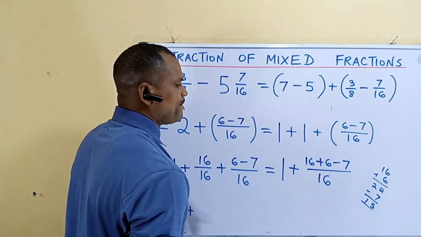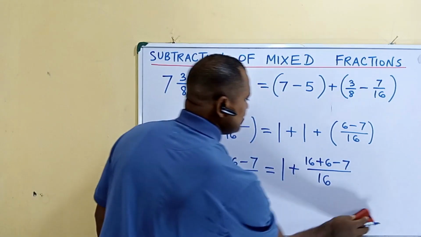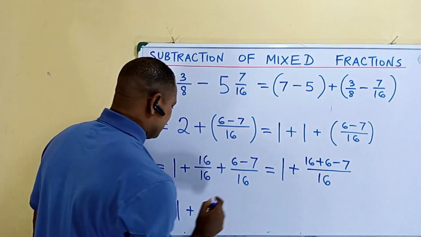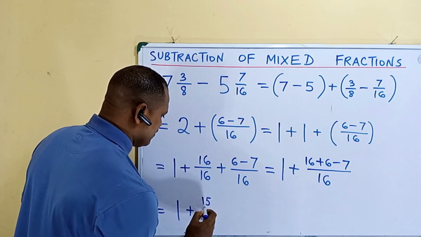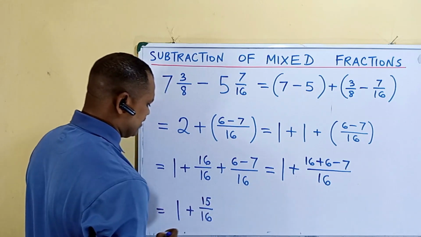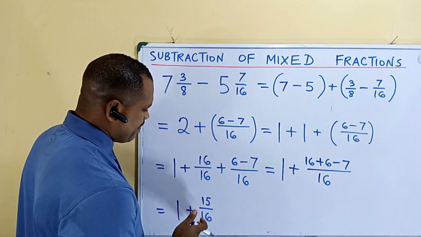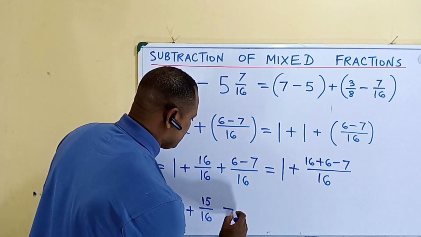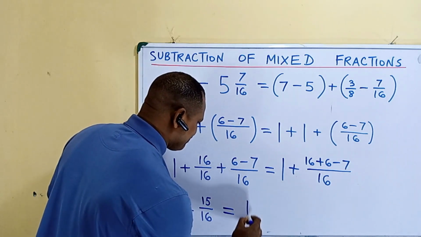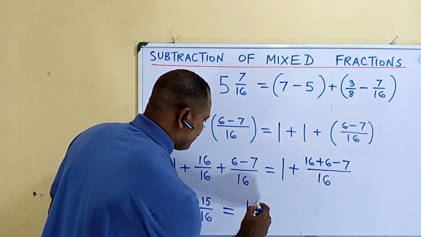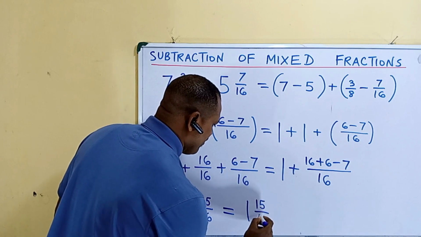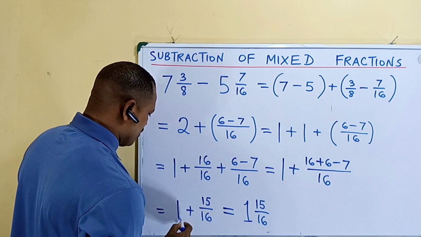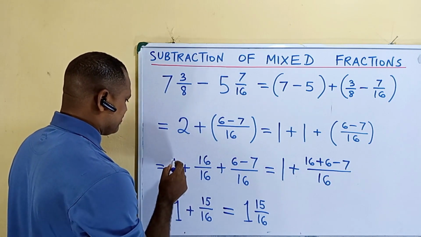Is 15. So here we now have 15 over 16. Can you break this fraction further? No. So you just write your 1, bring your 15 over 16, and this is your answer.